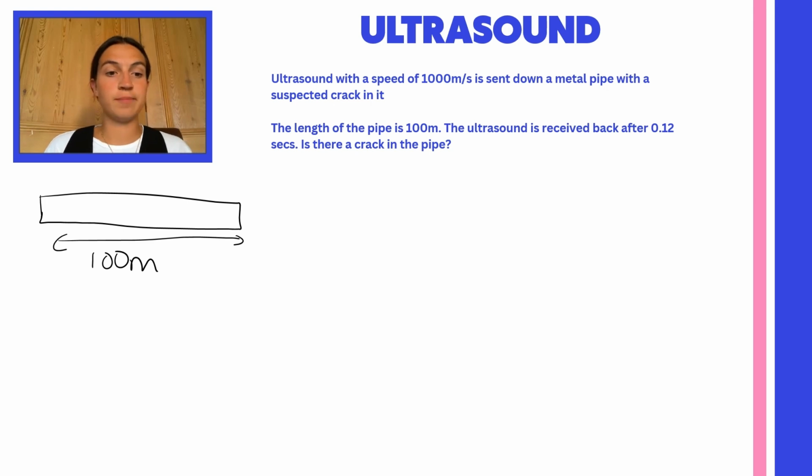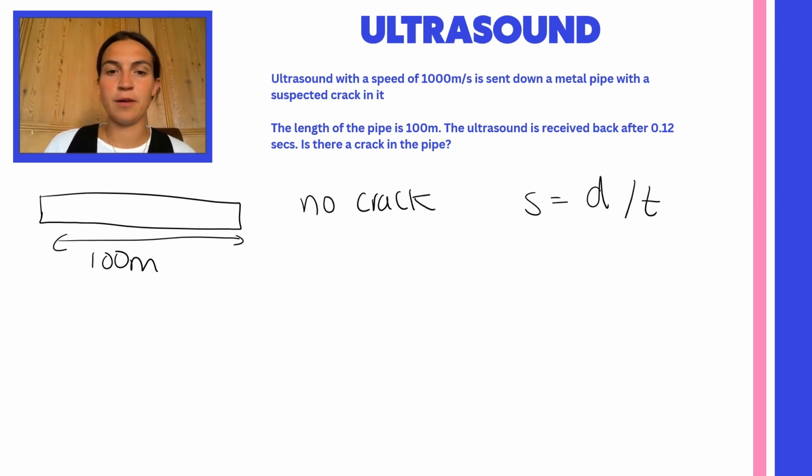So it was 100 meters long, and I'm basically going to make the assumption, well, when would I have received that ultrasound back if there were no crack in the pipe? So if there had been no crack, then my speed is equal to distance over time.